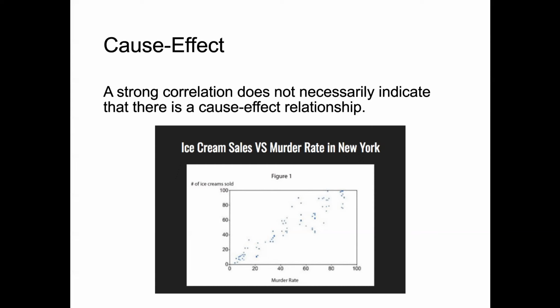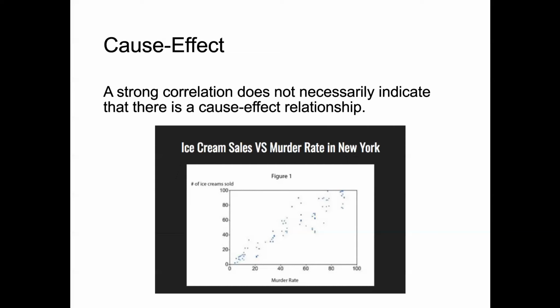This is real data. This is an actual scatter plot that shows the correlation between the murder rate in New York City and the sale of ice cream. As the murder rate goes up, so do ice cream sales.